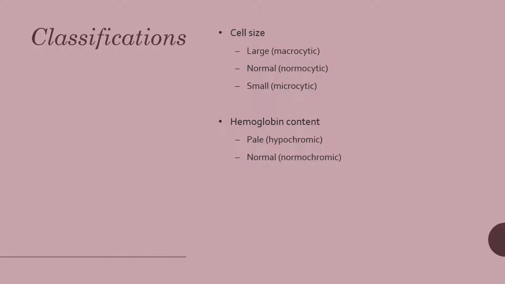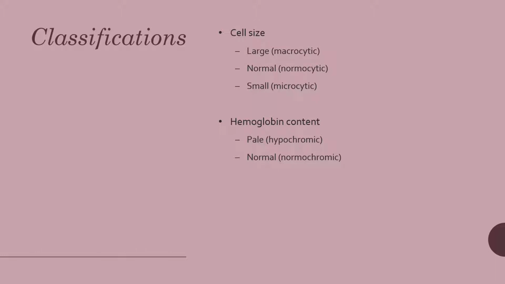We do look at information about the red blood cell. If we look at the red blood cell under a microscope, we're going to note, is that red blood cell large, or is it normal sized, or is it small? And so we'll talk about a macrocytic, a large cell, a normocytic, a normal sized cell, or a microcytic, a small cell.